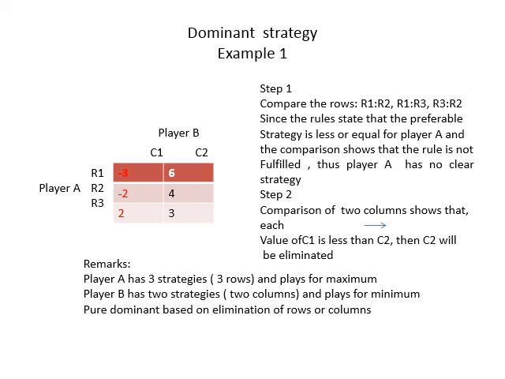Okay. Player A has three strategies, 3 rows, and plays for maximum. Player B has 2 strategies, 2 columns, and plays for minimum. Pure dominant based on elimination of rows or columns.